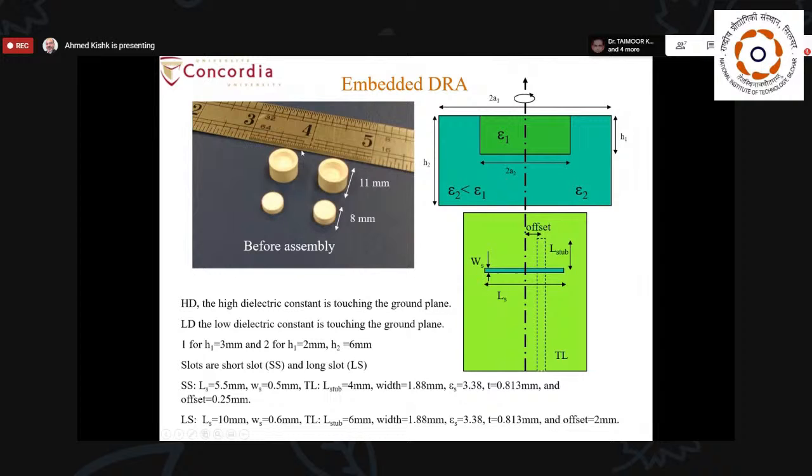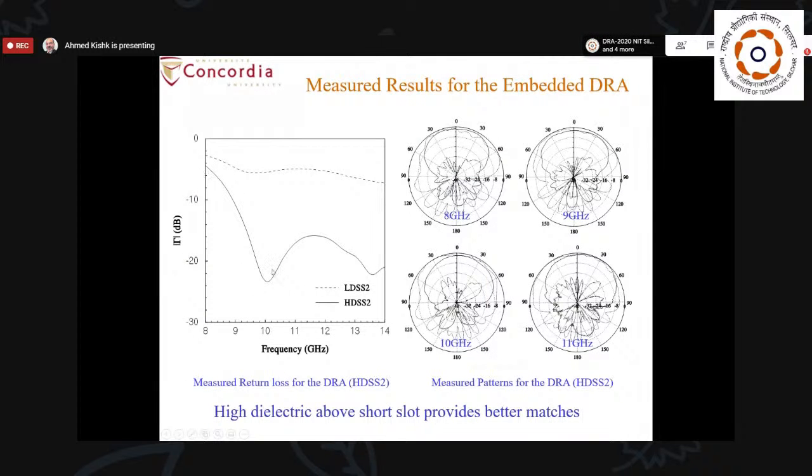And when we excite this by a narrow slot, excited by a microstrip line, and you put the lower dielectric constant at the bottom, above the slot, and the high dielectric constant on the top, we can achieve extremely wide band matching and a really good radiation pattern.